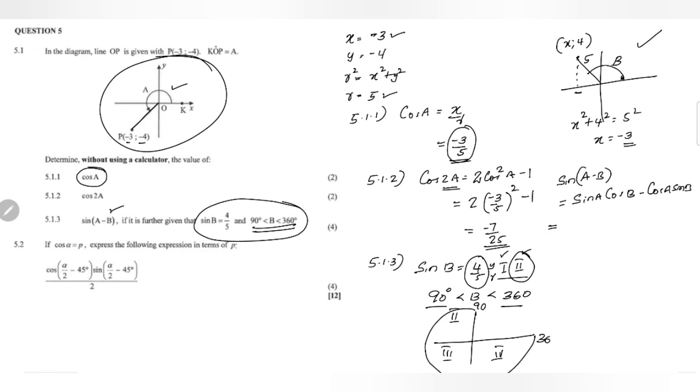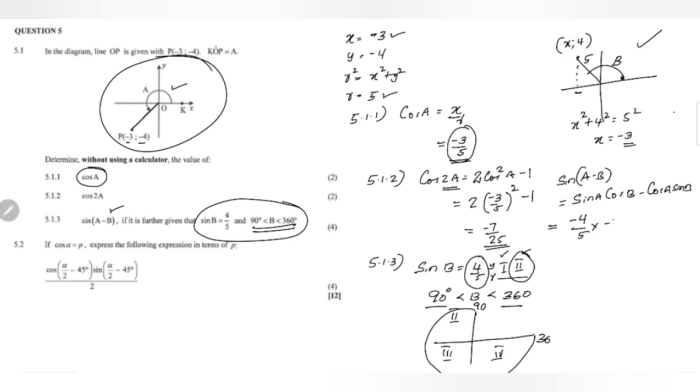So sine A, according to the formula, is y over r. What is the y value here? Minus 4 over r, which is 5. Remember, this one I got from the first diagram. Then cos B. Cos B means I have to go to the second diagram. According to the cos formula, x over r. What is the x value?